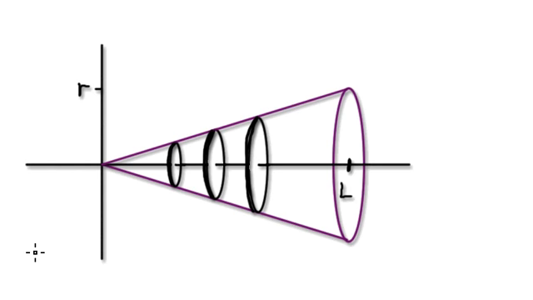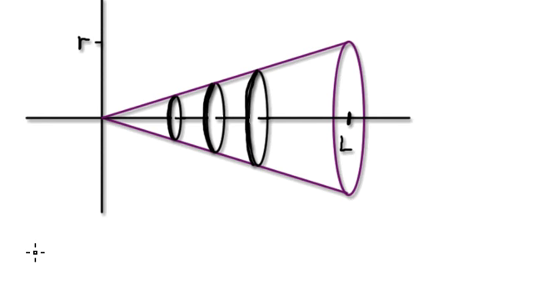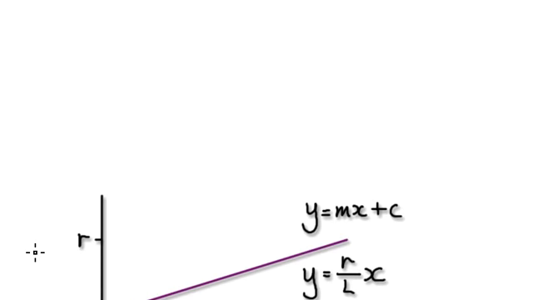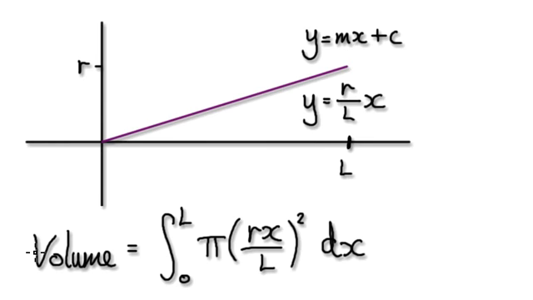Okay, to do this, first we need to come up with the formula for this straight line, because we need to know the height as x is sweeping through. We need to know the height at any given value of x. This is a straight line, so it's going to be y equals mx plus c.